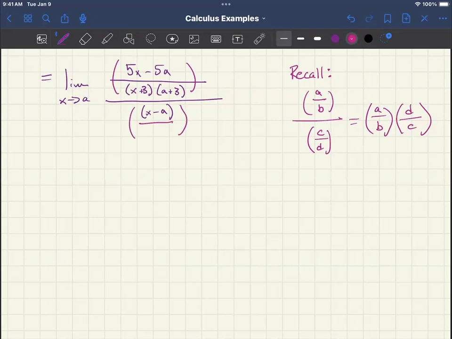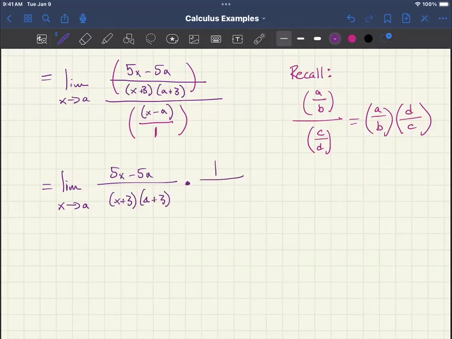That x minus a is actually divided by the number 1. So we can always take whatever we have in the denominator and turn it into a fraction, which will allow us to write it as 5x minus 5a divided by x plus 3, a plus 3, times, and we're going to flip that, x minus a, and we're going to multiply.